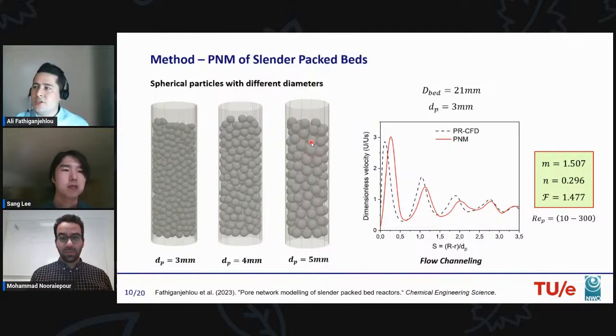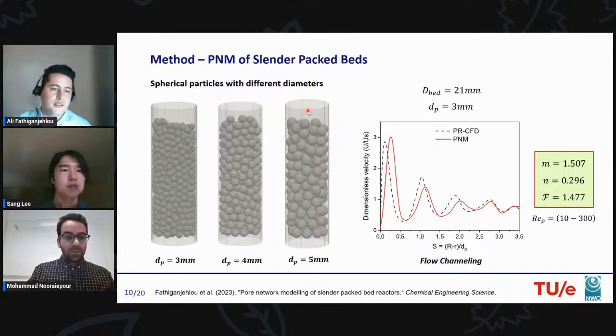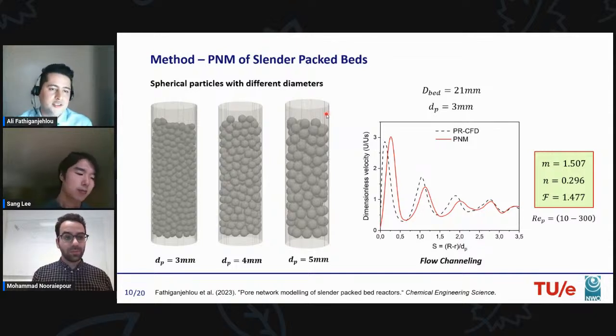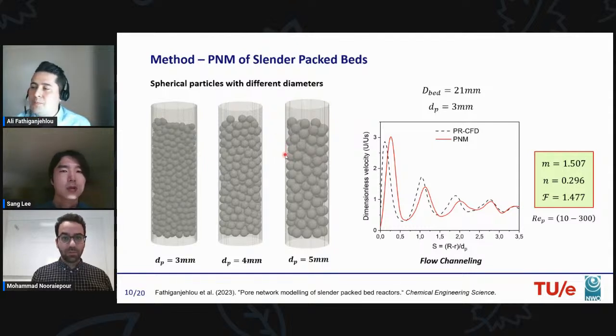But in other applications, you can find, for example, a packed bed reactor where the column to particle diameter ratio is like 50. There, the wall effect is not as intensified as what we have here in the slender packed beds. So why are slender packed beds used? These are used for highly exothermic reactions, where we need proper heat management of the chemical reactor.